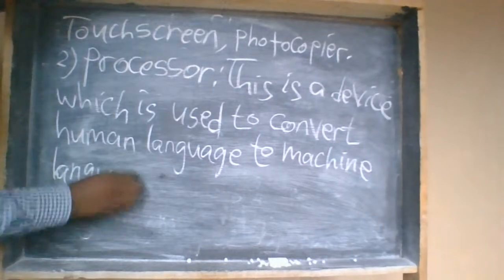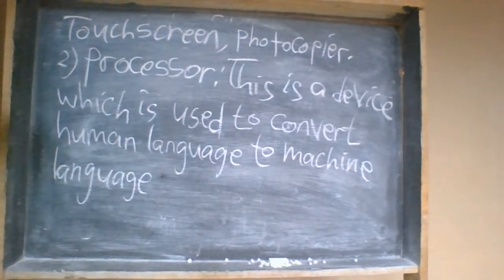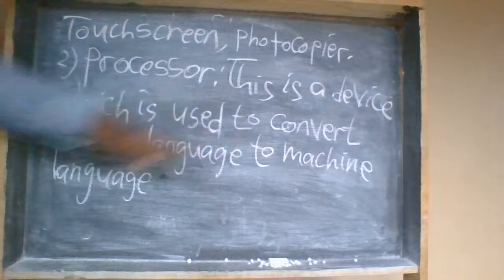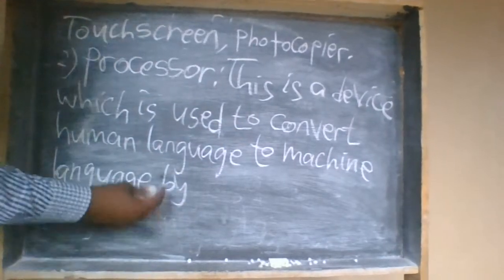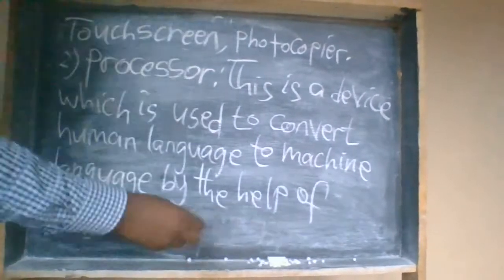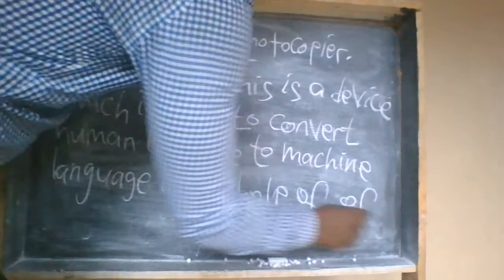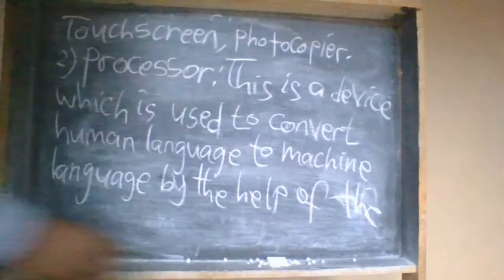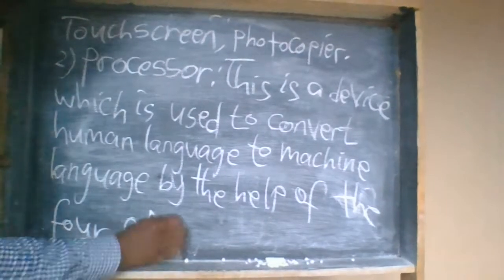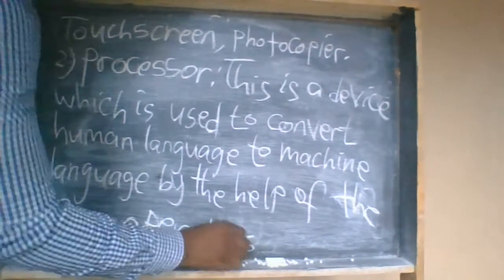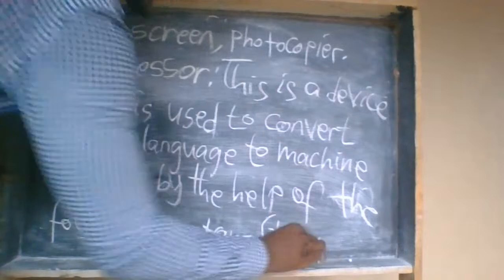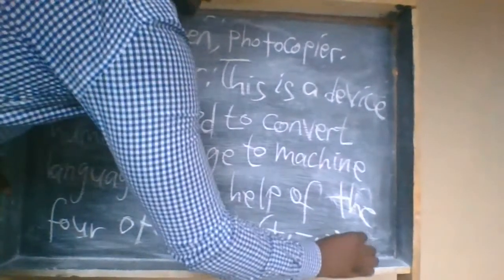So the processor is a device used to convert human language to machine language by the help of the four operators, and those operators are plus, minus, division, and also multiplication.